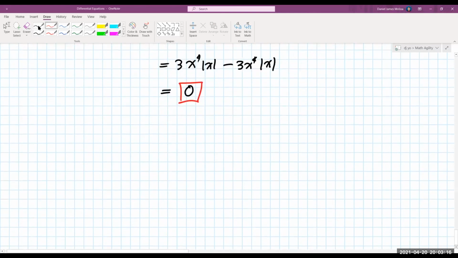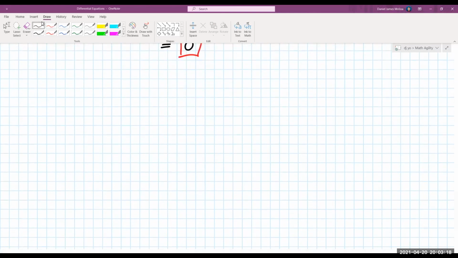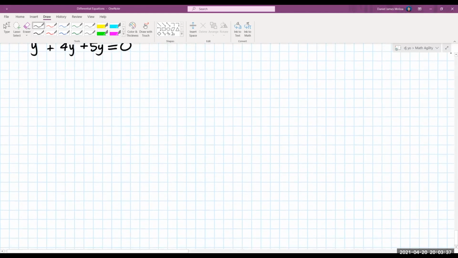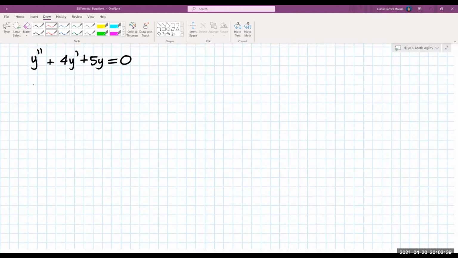Let's proceed to our final differential equation. We have a second degree linear homogeneous differential equation: y double prime plus 4y prime plus 5y is equal to 0. Let us consider other notations so that we can solve this easily.